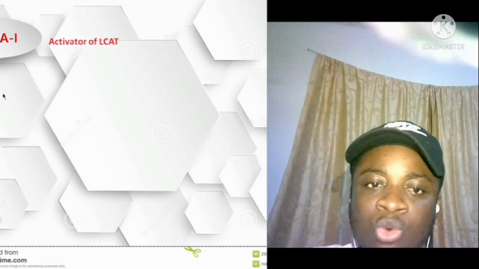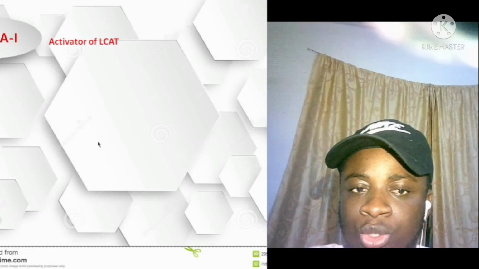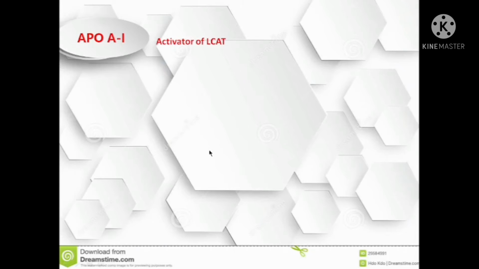Always remember that, because there are some disease conditions where individuals are genetically deficient in some of these proteins. So for now, always remember that LCAT is activated by ApoA1.